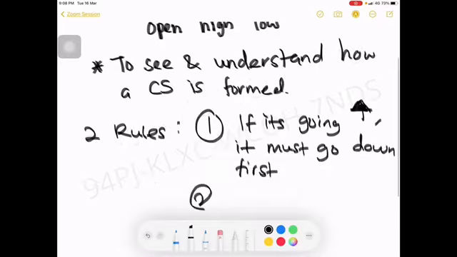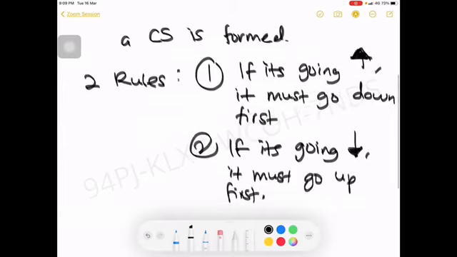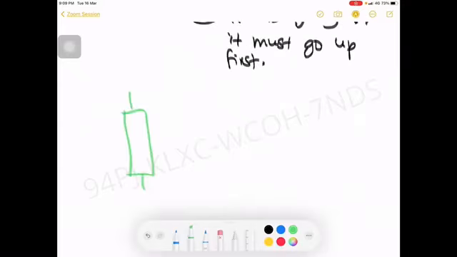And number two, if it's going down, it must go up first.